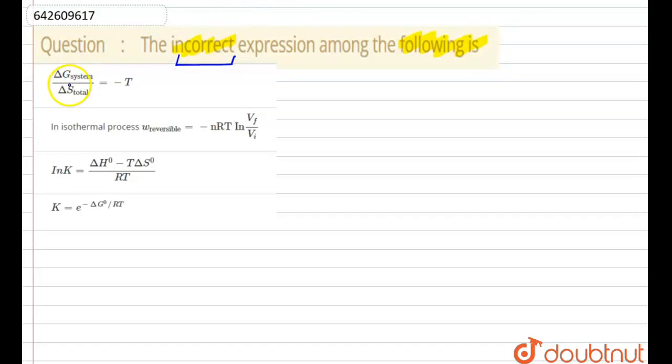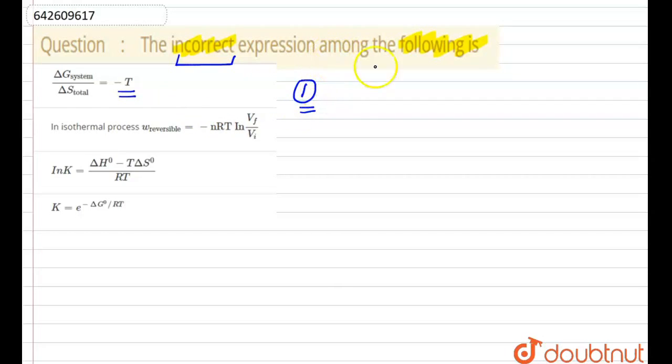Okay, so the first one that we have is delta G for system divided by delta S total equals minus T. Let us consider whether the first statement is true or false.